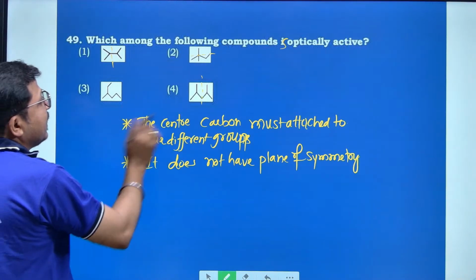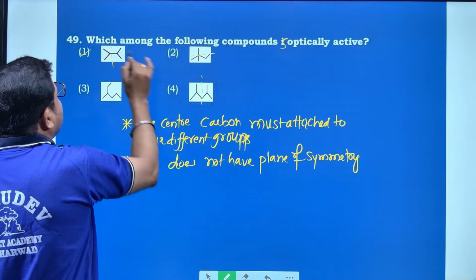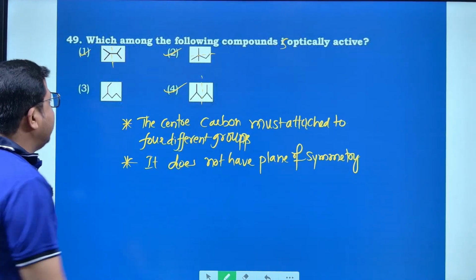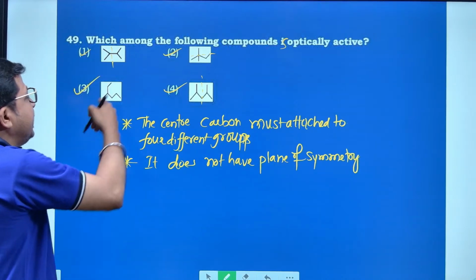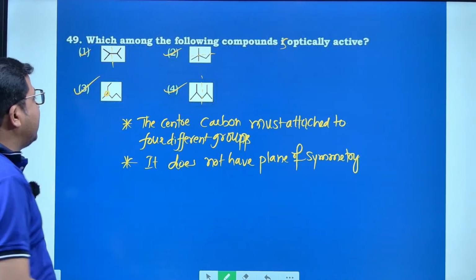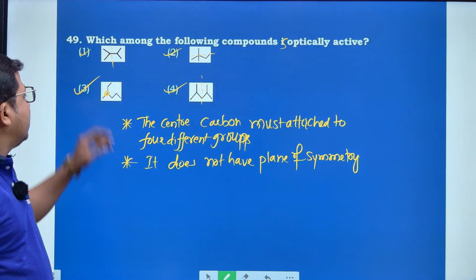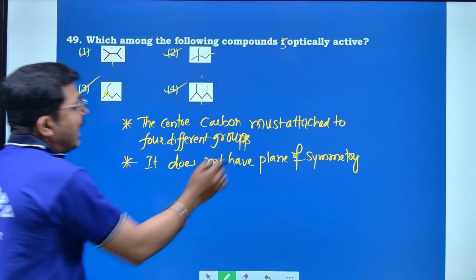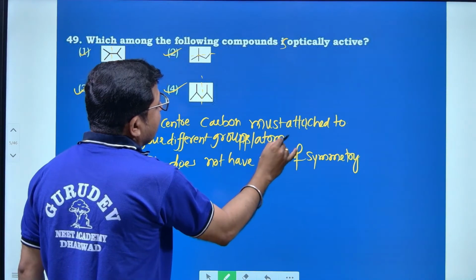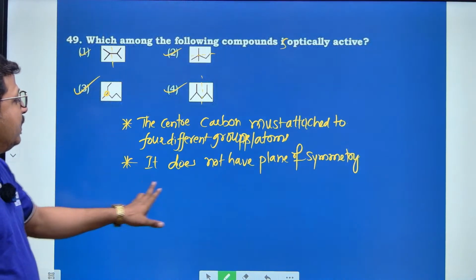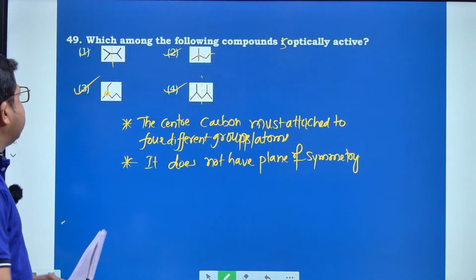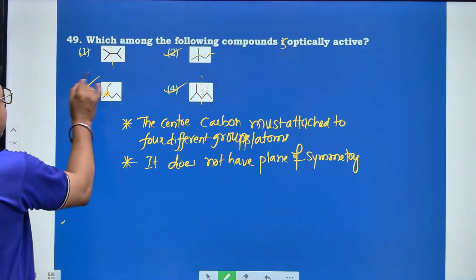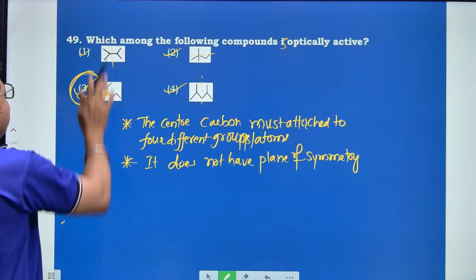Hence option 1, option 2 and option 4 are not optically active due to their plane of symmetry, while option 3 is the only compound which has a center carbon attached to 4 different groups or atoms, and it does not have a plane of symmetry. Hence the right option for question 49 is option number 3.